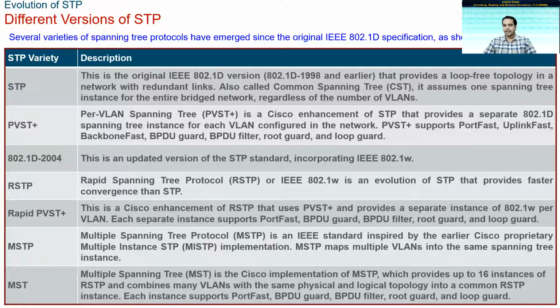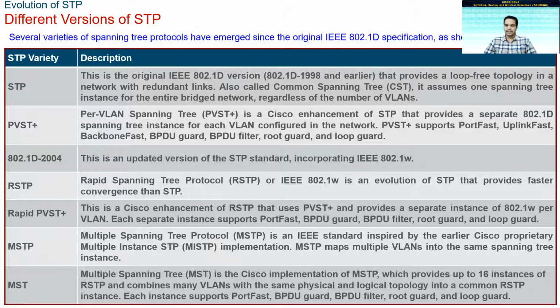There is also 802.1D-2004, which is an updated version of the STP standard. The next one is RSTP, the Rapid Spanning Tree Protocol, which I will explain in a few minutes, which is an evolution of STP with faster convergence than STP. Rapid PVST+ is Cisco's enhancement of RSTP that uses PVST+ and provides a separate instance of 802.1w per VLAN.